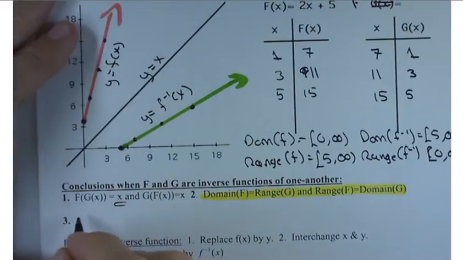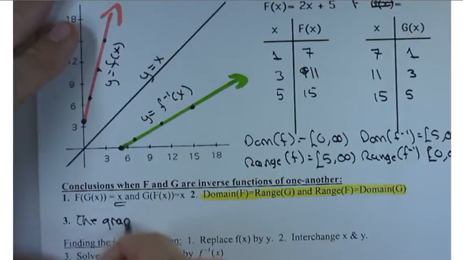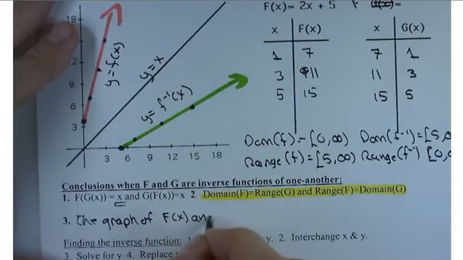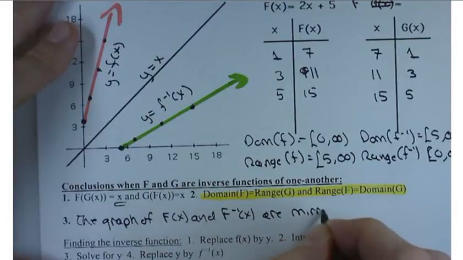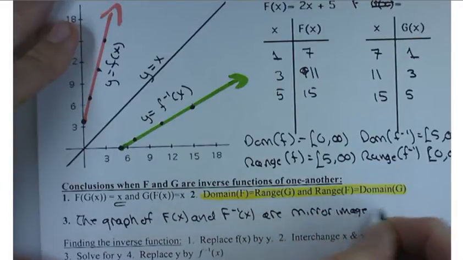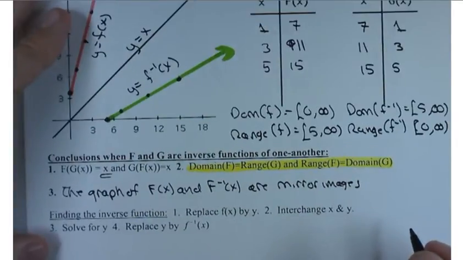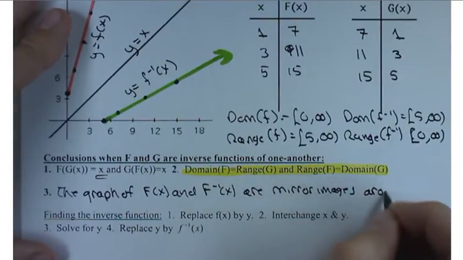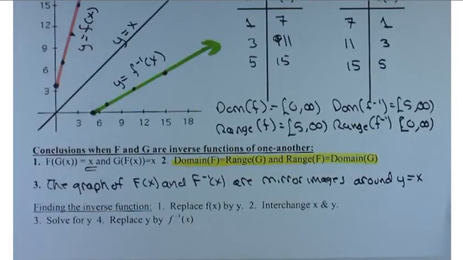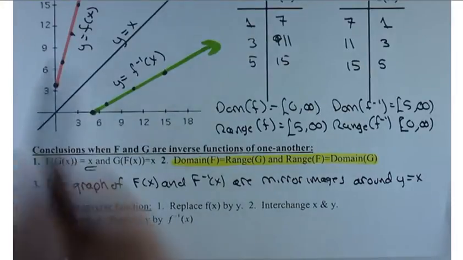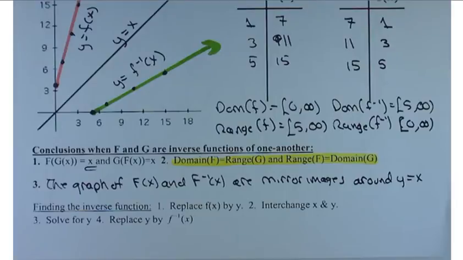So the graph of f of x and f inverse of x are mirror images around the line y equals x. So those two graphs are mirror images of each other, here and here. And that's a nice, important thing to know relative to the graphs of your function and its inverse.